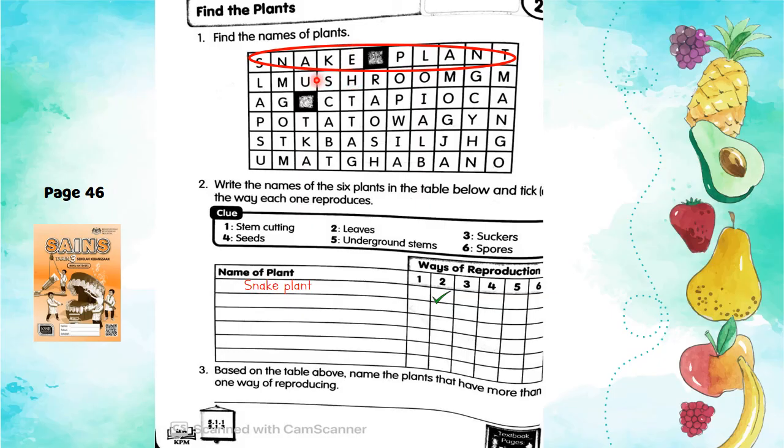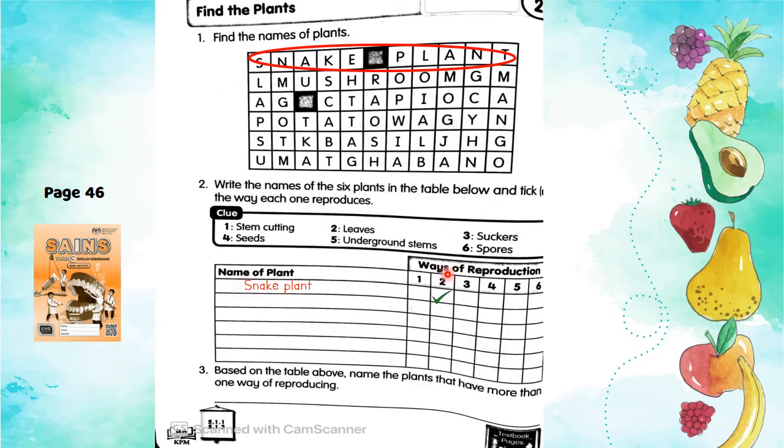Then, after you find all 6 of the plants, you write the names of the 6 plants in the table below. Dah dapat cari ke-6, tulis nama ke-6 tumbuhan di sini. For example, teacher jumpa snake plant here, and then teacher tulis snake plant. Name of the plant, snake plant.